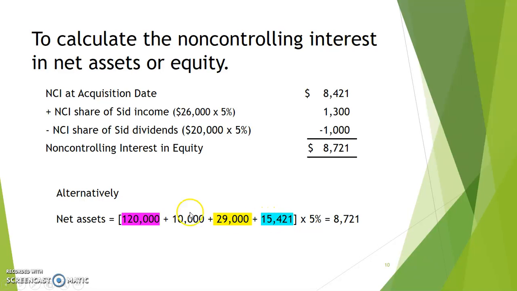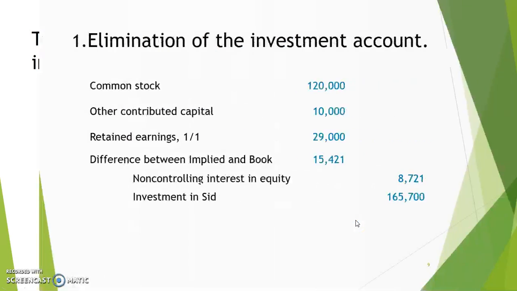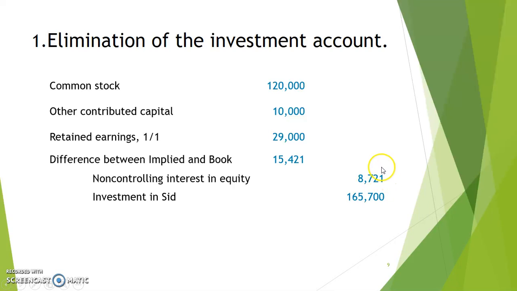When we total these and multiply by the 5%, which is the non-controlling interest, the result is the $8,721 in minority interest or non-controlling interest. So that is how we calculated the 8,721 as shown here in the journal entry.